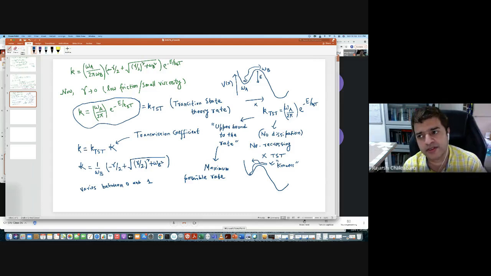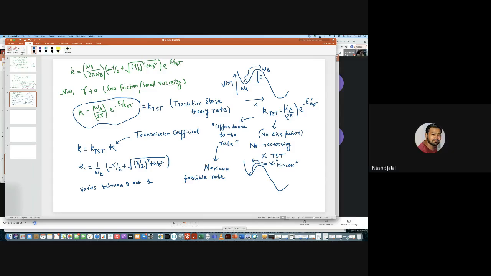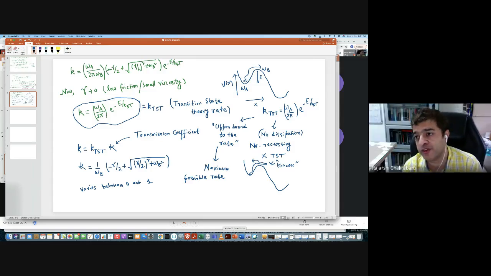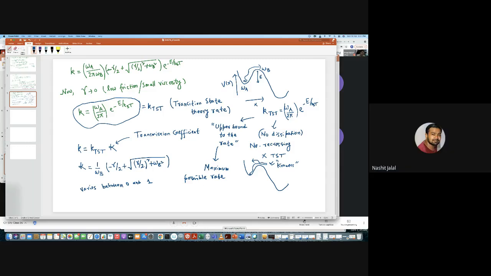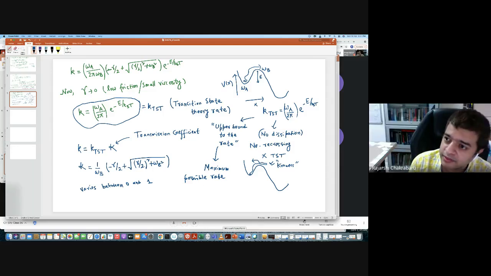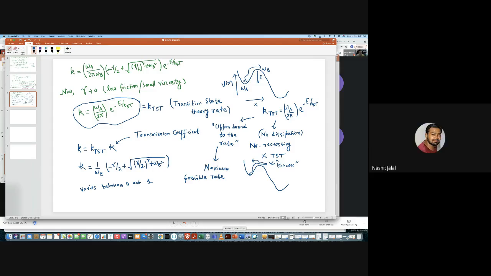These are averages I showed you, and by definition these are positive quantities. So if you have recrossing, the value of k will be lower, but it cannot be negative. By definition it is positive. It is a rate.